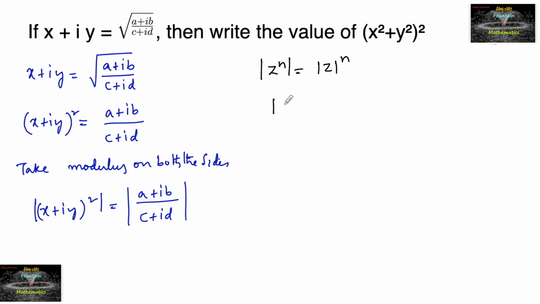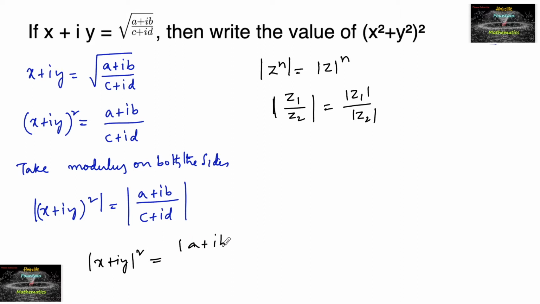Also, modulus of z1 upon z2 is equal to mod z1 upon modulus of z2. So we can write modulus of (x plus iy) whole square as modulus of x plus iy whole square, and here modulus of a plus ib upon mod of c plus id.